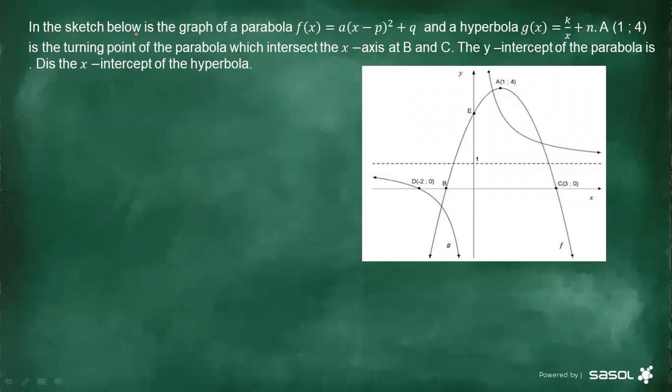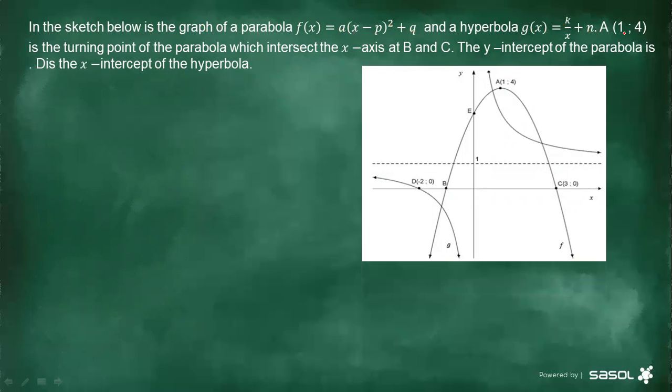In the diagram below is the graph of parabola f of x equals a into x minus p squared plus q, and a hyperbola g of x equals k over x plus a.